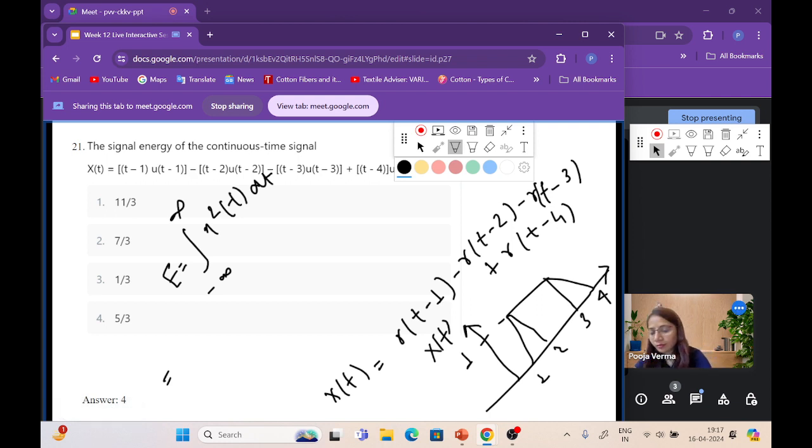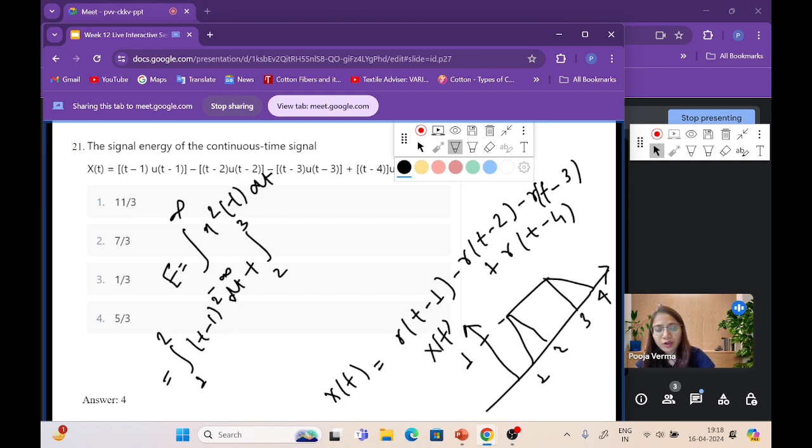From 1 to 2, what is the value? That is (t minus 1), right? (t minus 1) square dt, that is x square t, plus the area under 2 to 3. What is the value?